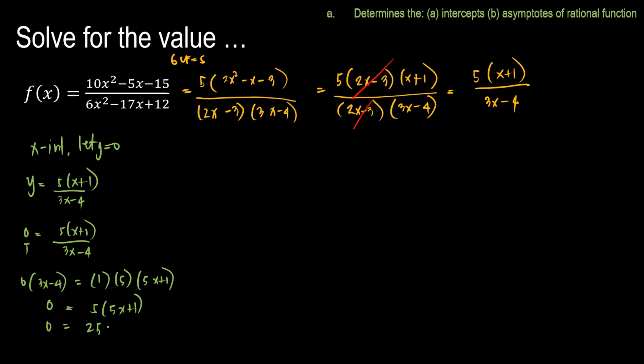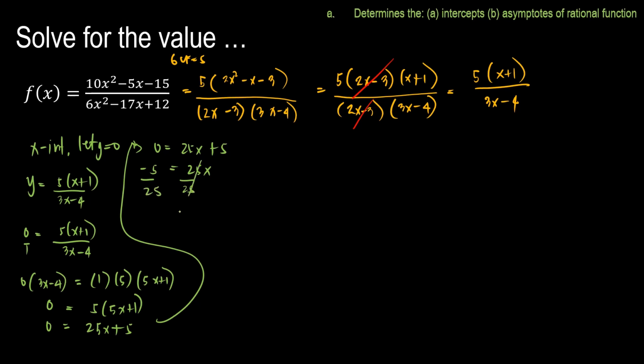You will have 25x plus 5. Okay, and then, so 0 is equal to 25x plus 5. Then 25x, transpose 5, magiging negative 5. Divide both sides by 25. You will get x is equal to negative 1/5.